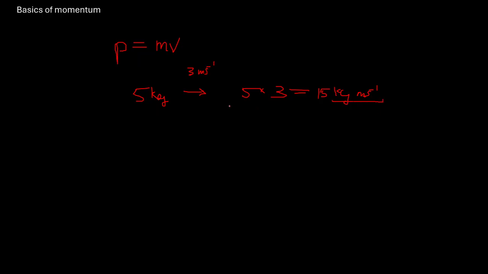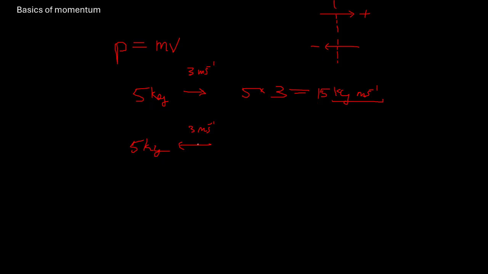Now in the case that there's another 5 kg object moving this way towards the left with 3 meters per second, what is its momentum? Well, the magnitude of the momentum remains the same, but remember, we considered going towards the right to be the positive direction, meaning this means positive, this means negative.